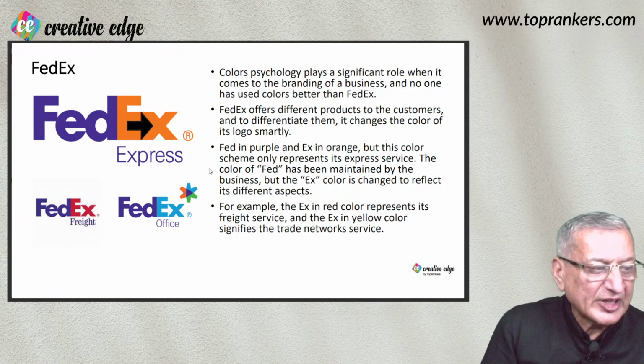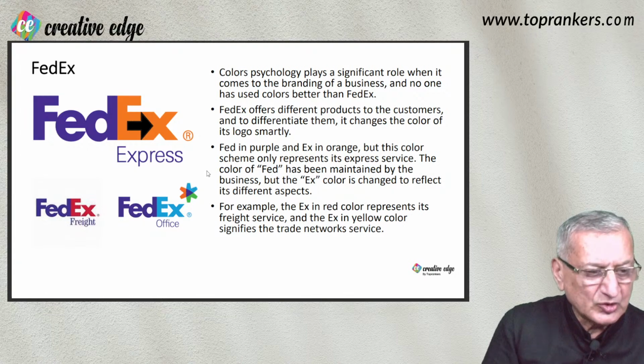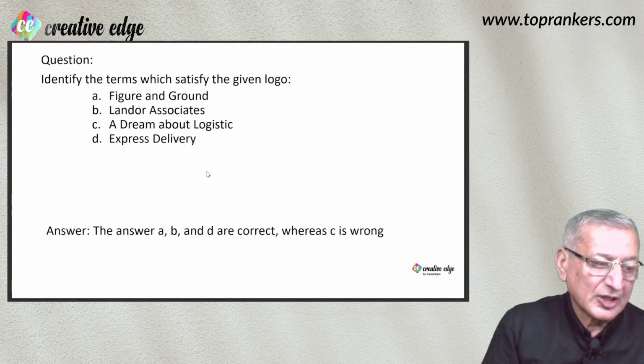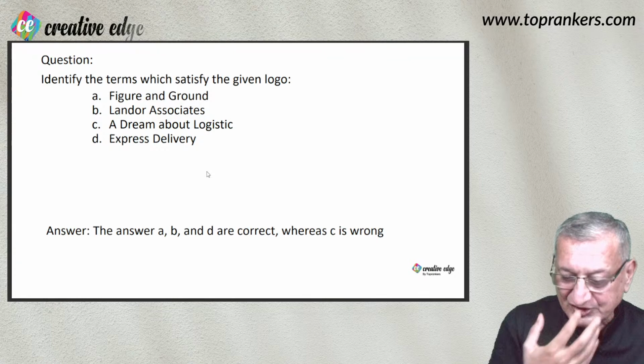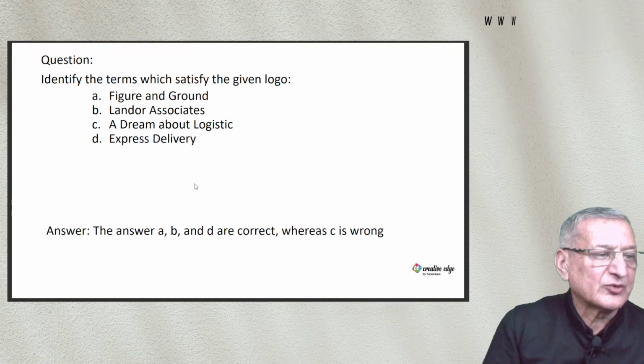Now this is what we read about FedEx, but when we really go through Gestalt principle, the coming up questions can only be answered when you have read about all the Gestalt principles. Now the question could be: identify the term which satisfies the given logo.